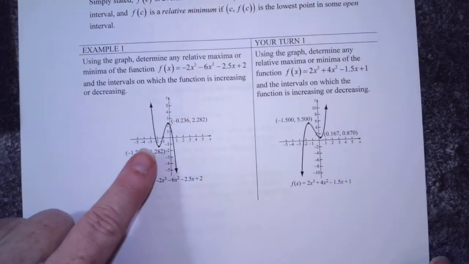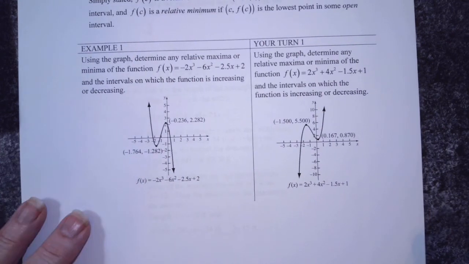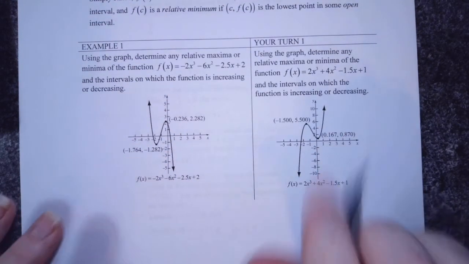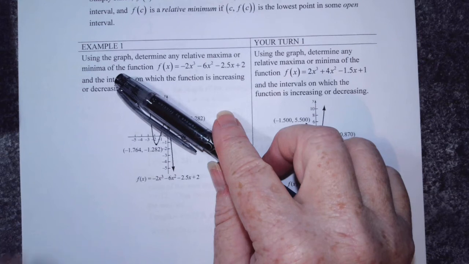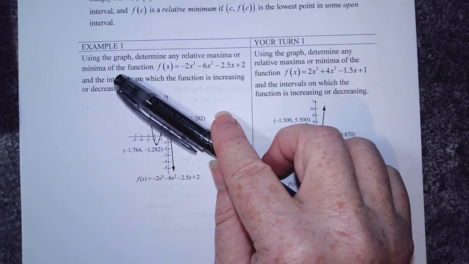So if you look at a picture like this, this is where your graphing calculator really will come in handy, but most of these they graph for you. If you want to find a relative maximum or a relative minimum, you're looking for the points where you're turning. If you just look at that graph close to this point, is that a peak or a valley? It's a valley.